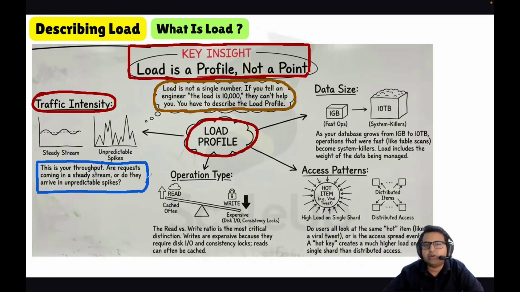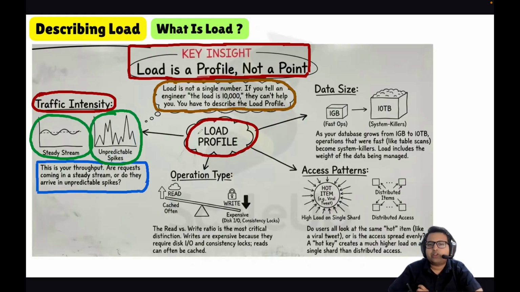This is the key, because load is not something which can be constant. It might keep on changing with time, and hence load cannot be a point. It has to be a profile. So we have to describe the traffic intensity, whether the traffic is steady with time, or we have unpredictable spikes in the traffic.